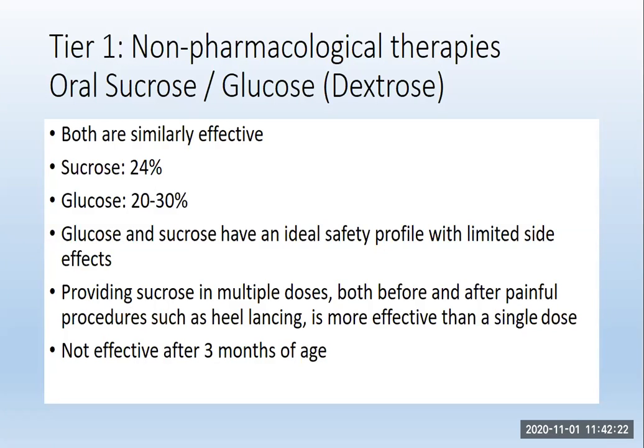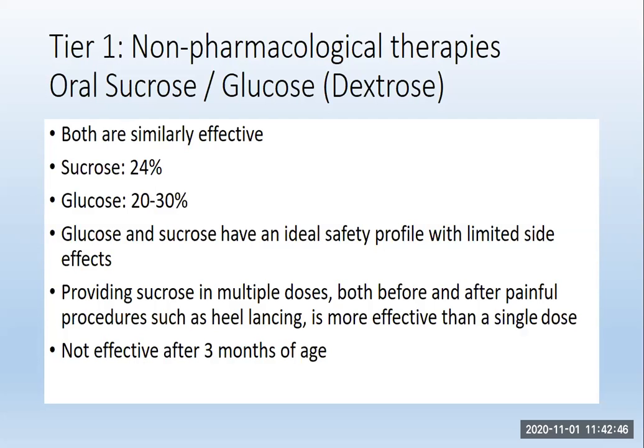Now, a few facts about non-pharmacological therapies. I will not go into detail about the pharmacological interventions, but because you are nurses, you can easily provide these in a timely manner. So I will provide more information about this. So one is oral sucrose or glucose.